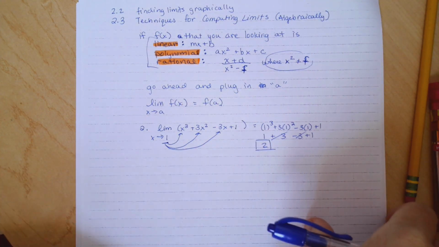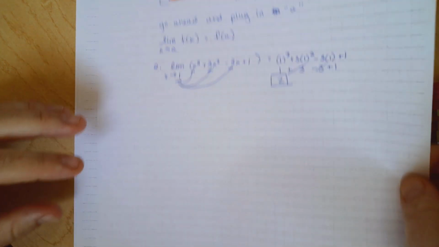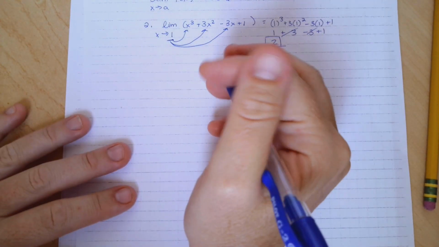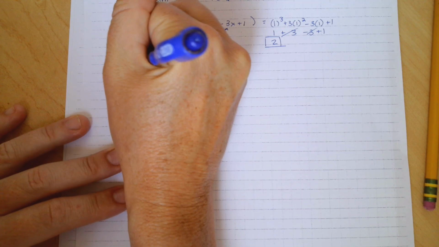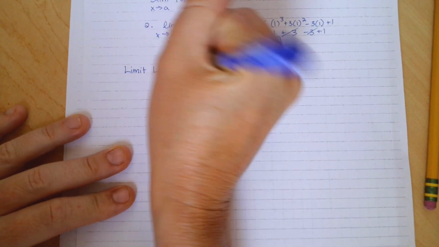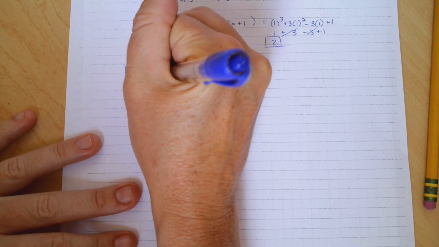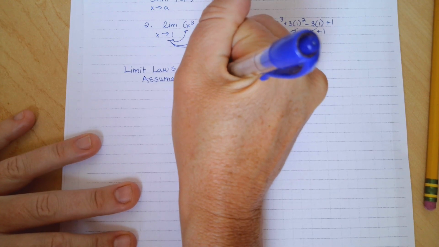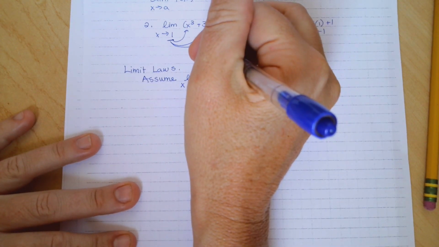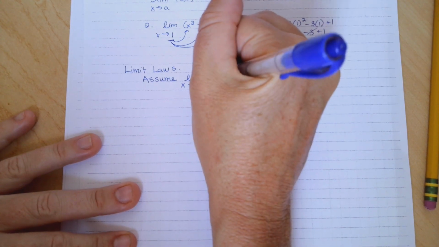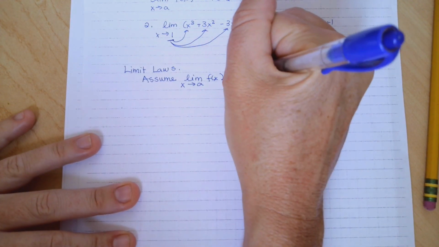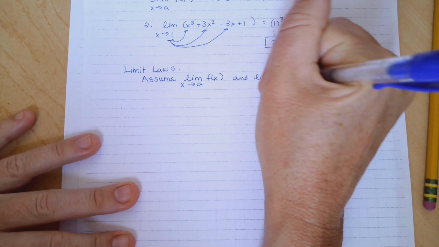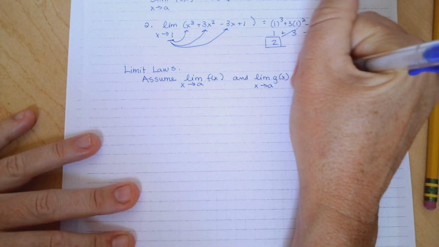And so let's go ahead and talk about some rules that you can use to calculate limits. So these are going to be called the limit laws. When using these laws, we're going to assume that the limit as x approaches a of f of x, and so this is if you have two functions and you're asked to find the limit.